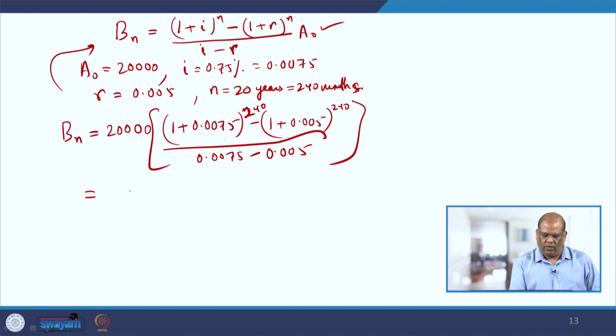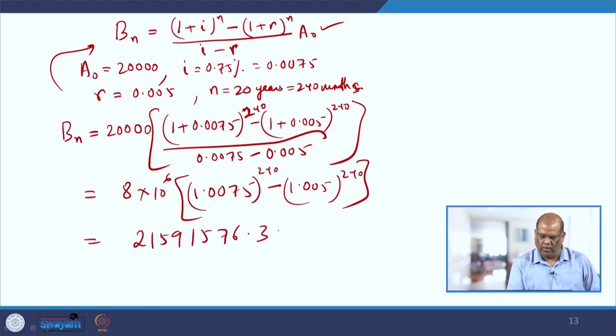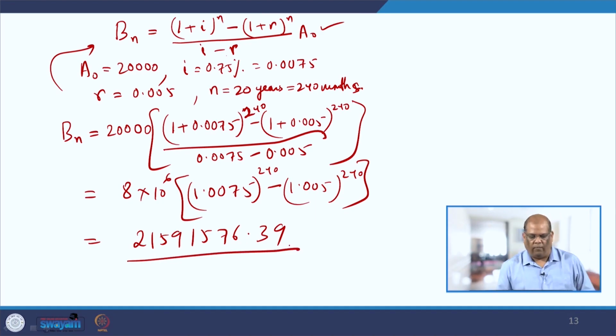If you simplify this, it will come to 8 × 10⁶ × (1.0075²⁴⁰ − 1.005²⁴⁰), and if I multiply this, I will get the answer as 2159156.39. So, almost more than 2 crores that he will get after 20 years. Let us now check this result numerically.